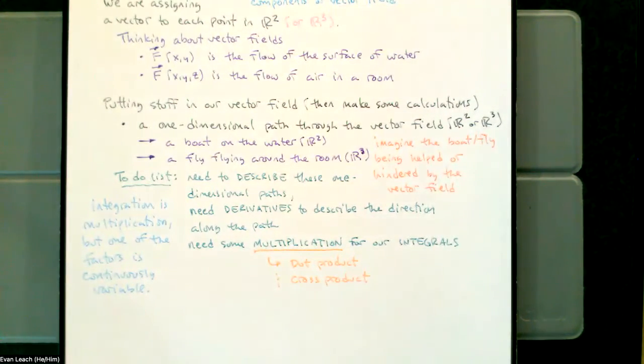We have two kinds of multiplication when we're dealing with vectors. Those are our options.